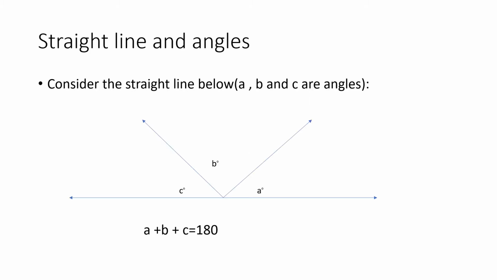Okay, consider this figure, that this is a line. According to the definition, a straight line is a line that consists of three angles or more. It's totally unlimited.